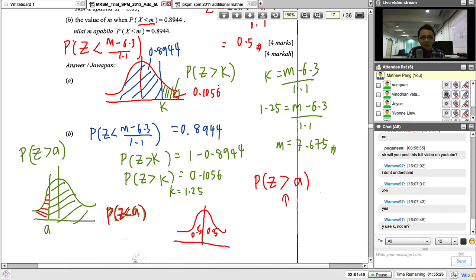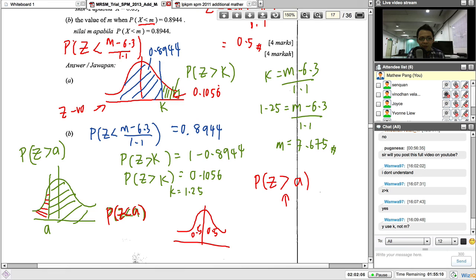Then the whole thing here is my Z value. This is the Z value line. Over here, I will only write down the Z value. M itself is the X value. I cannot use M to write here because this line is for the Z value.